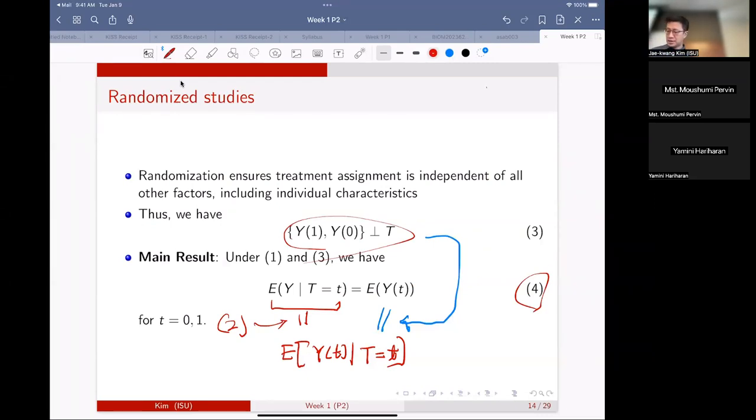Under the completely random mechanism, as long as you use the conditional expectation of your random variable given the treatment, you can estimate the expectation of the potential outcome.